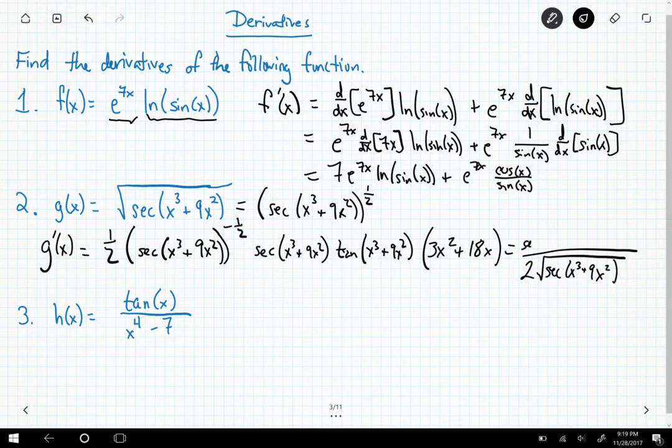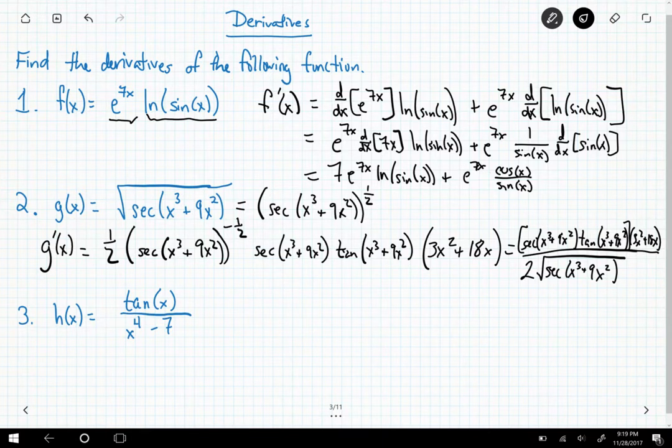And then you have a secant of x cubed plus 9x squared tangent x cubed plus 9x squared. Let me bracket that off just so we can see here. And then we have a 3x squared plus 18x. And we fit it all in there.